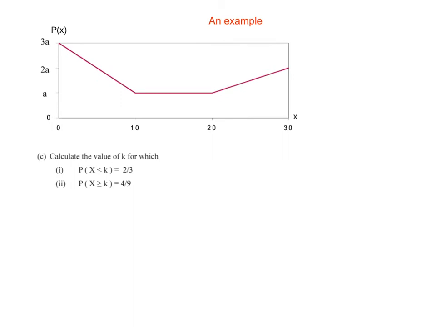And lastly, this one part, I will do part 1, and I'll leave part 2 for you, with the answer. They ask you the value of k for which the area under the curve is equal to 2 over 3. Well, let's recall that the area here, if you calculate properly, is 4 over 9. And that is equivalent to roughly 44%, from 0 to 10.